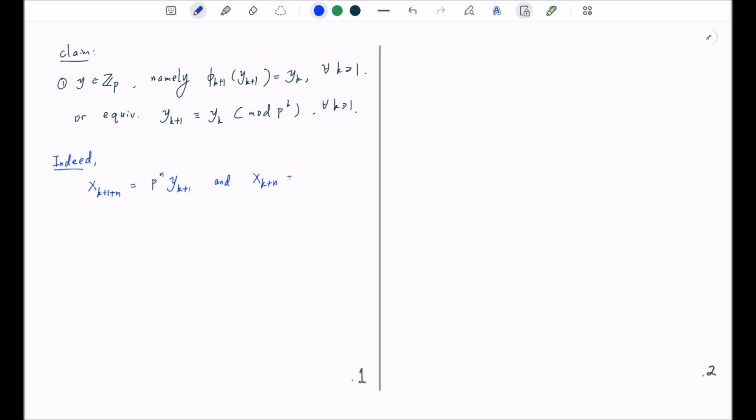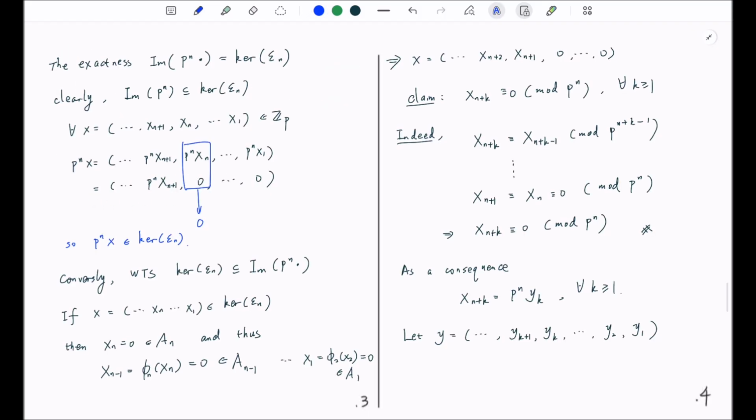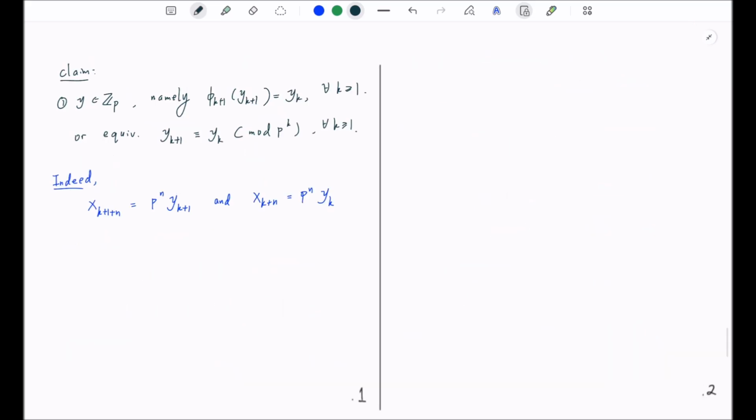x_{k+n} is p to the power n times y_k. Since x is compatible, we must have x_{k+1+n} congruent to x_{k+n} modulo p^{k+n}.